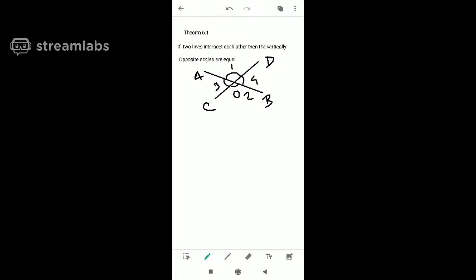We have to prove that angle 1 is equal to angle 2 and angle 3 is equal to angle 4.